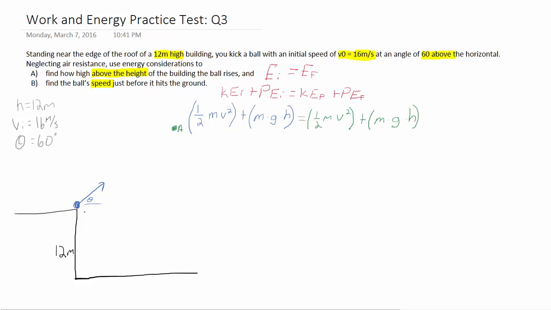Now I use blue for our initial because that's where the initial energy is, and I used green for what we're trying to find out, A, how high up is that? So first, since we don't have mass, we need to get rid of mass. And we can divide both sides by mass, and mass will cancel out all the way across.